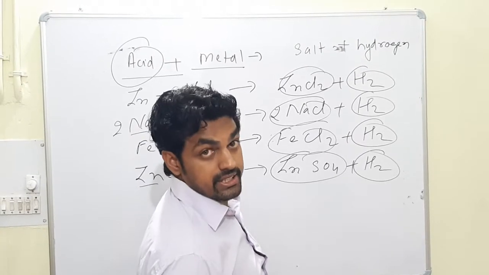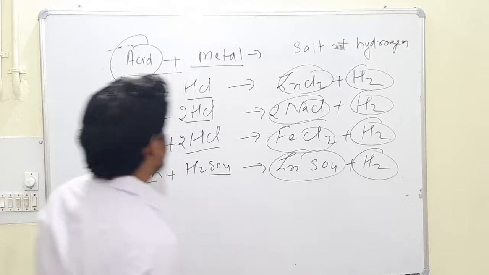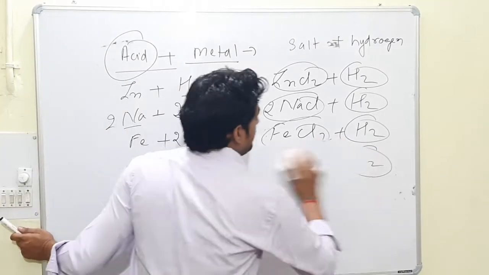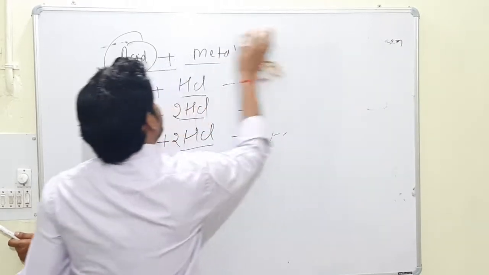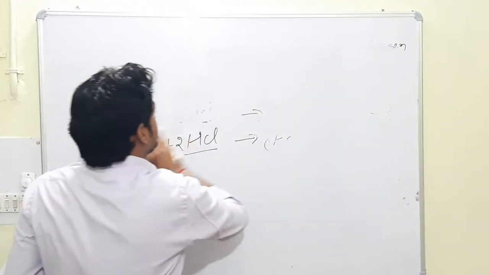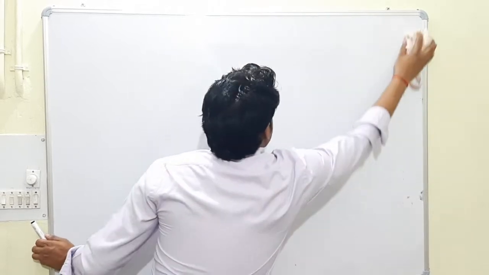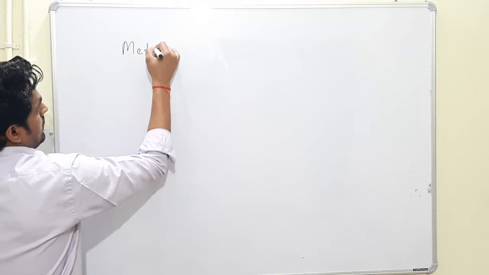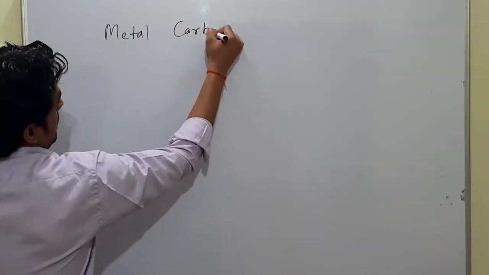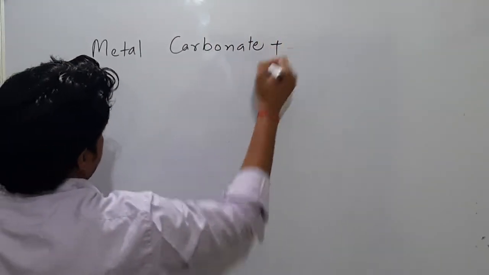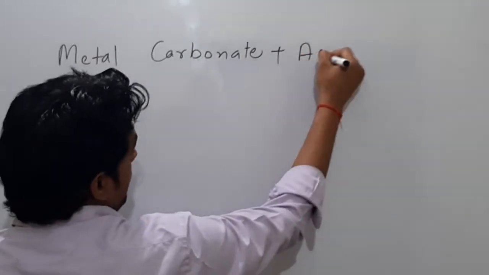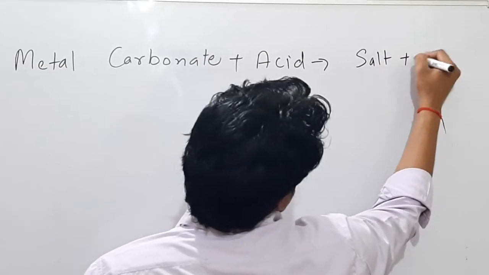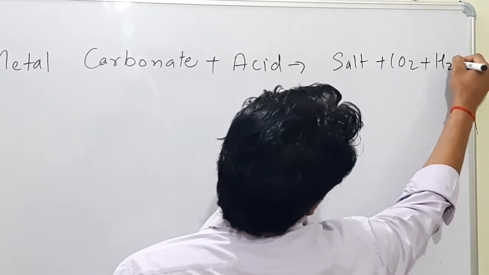Next one दूसरा देखते हैं. Whenever a metal carbonate reacts with an acid, what will it form? It will form salt, carbon dioxide and water.